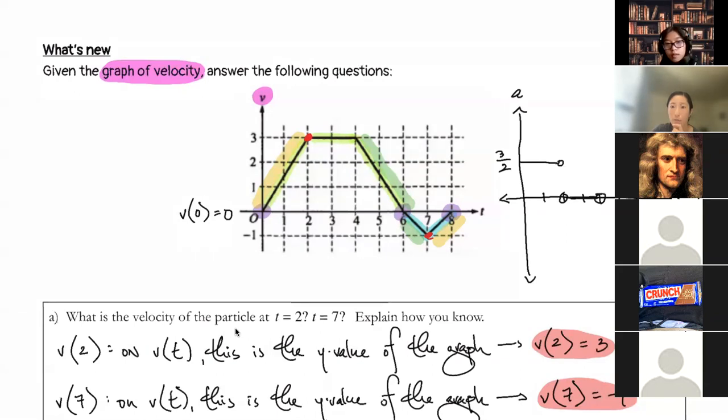Now the slope from 4 to 6 is negative 3 halves. So I might go down here and have negative 3 halves. And then the slope from 6 to 7 is like negative 1, and then the slope from 7 to 8 is a positive 1.